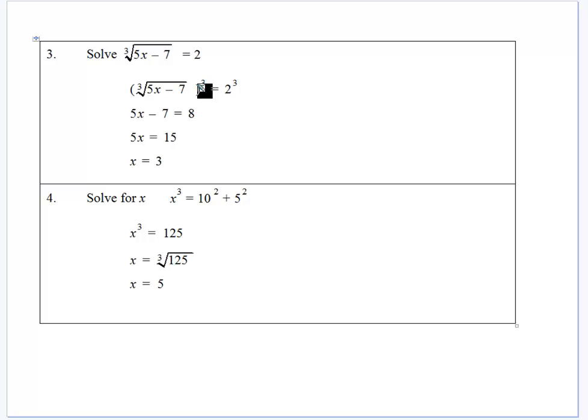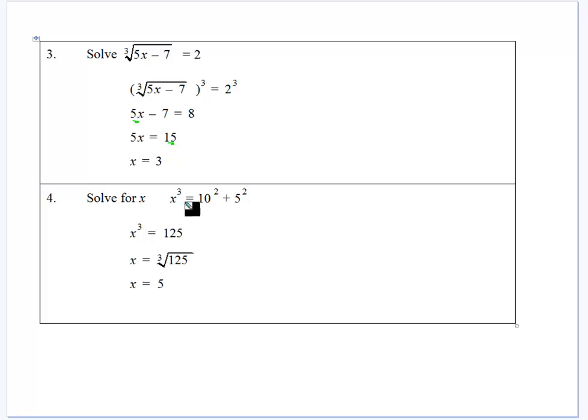I've done it formally by cubing both sides, but you can do it informally by saying, well, 5x minus 7 would have to equal 8. Then 5x, what minus 7 would equal 8? Well, 15 minus 7 equals 8. So 5x must be equal to 15, and then 5 times what number gives you 15? 5 threes are 15. So that works out nicely for us.